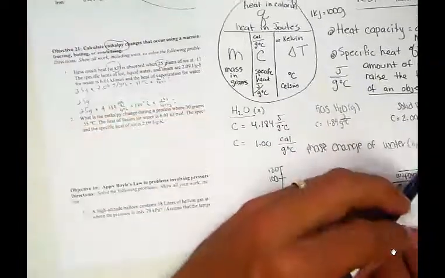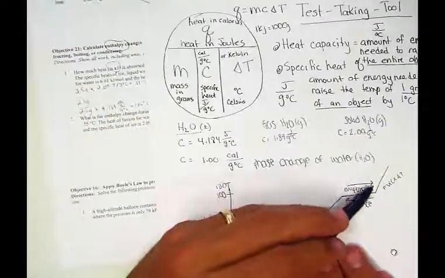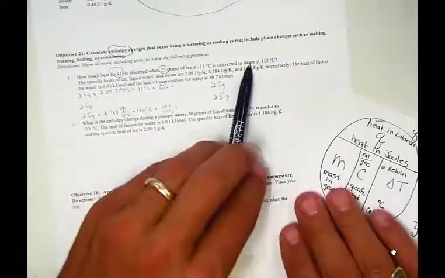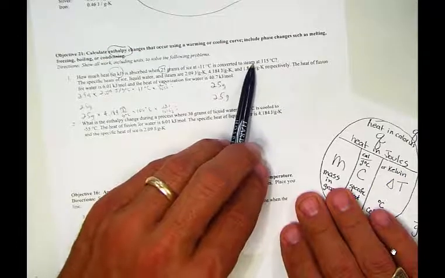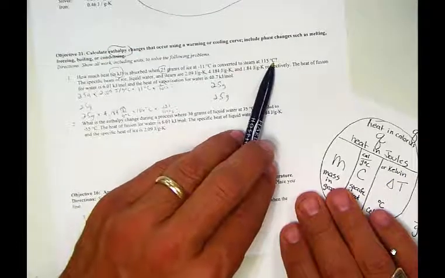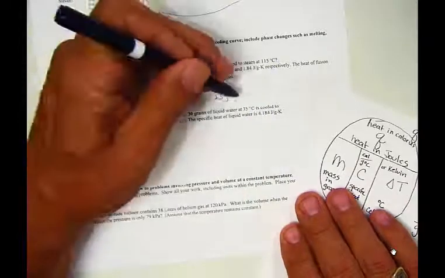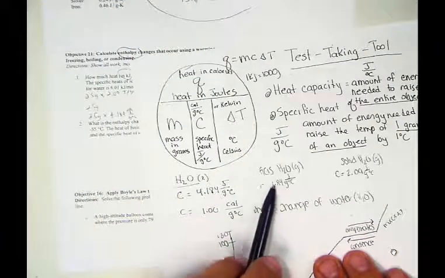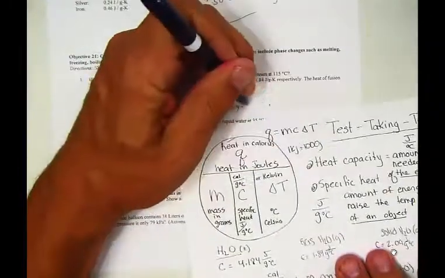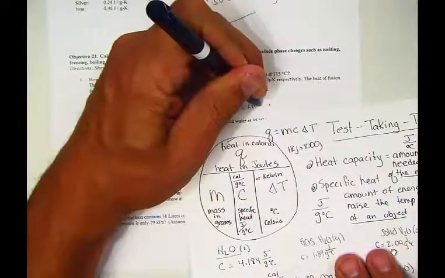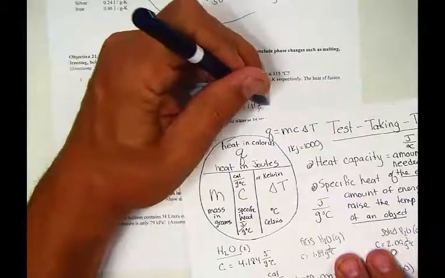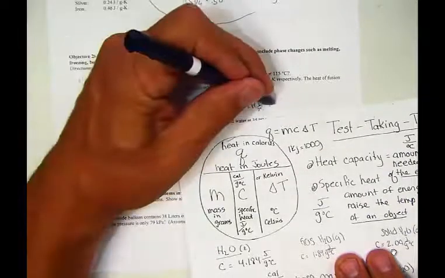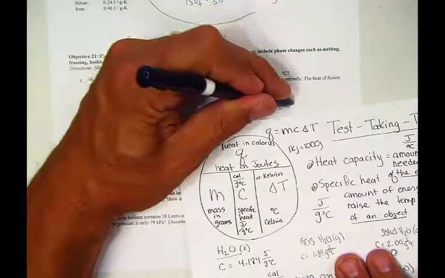There's going to be one more MC delta T part. The last segment is when the water changes as steam, from when it was first evaporated at 100 to 115 degrees Celsius. So that's a change of 15. 25 times specific heat of gaseous water, which is 1.84 joules per gram degree Celsius, times the change in temp from 100 to 115, a change of 15 degrees Celsius.